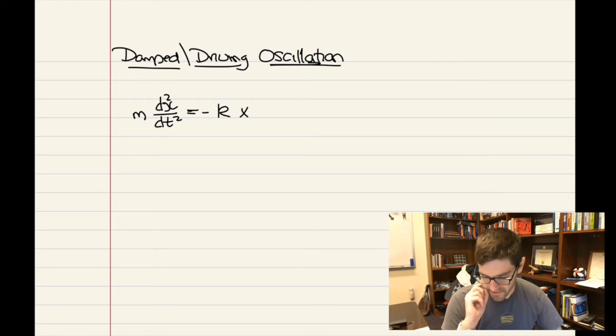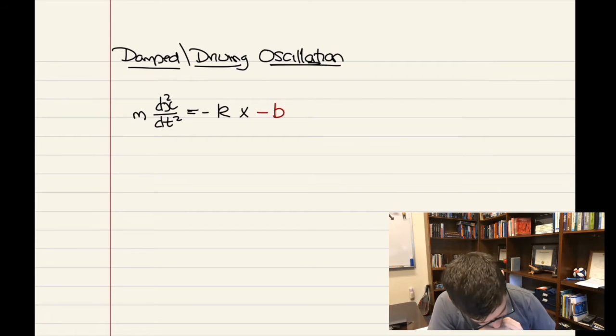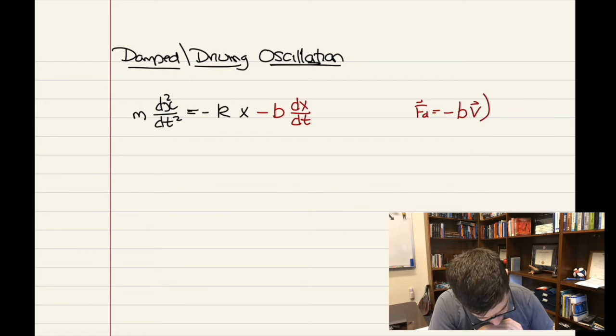If I add damping, it might look something like this, where there might be some additional term that's involved. The damping force might be something that goes as minus bv.